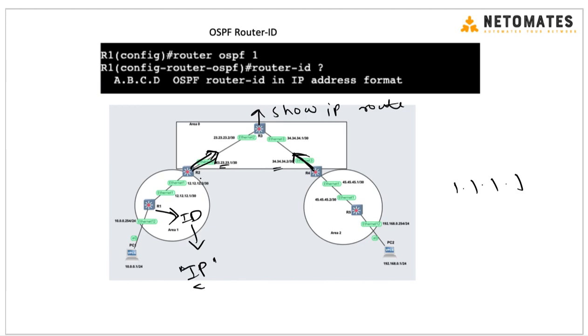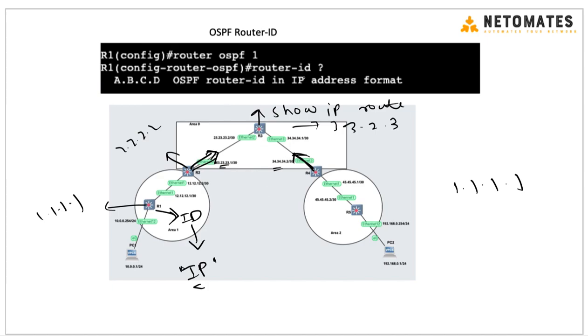If you want to uniquely identify which router is advertising those routes, it's better to always give the router ID manually. In this topology I will use router IDs this way: for router 1 I will use 1.1.1.1, router 2 I will use 2.2.2.2, router 3 I will use 3.3.3.3. So if I run the show ip route command anywhere, and I see some routes learned from 3.3.3.3, I can simply imagine that those routes are advertised by R3.